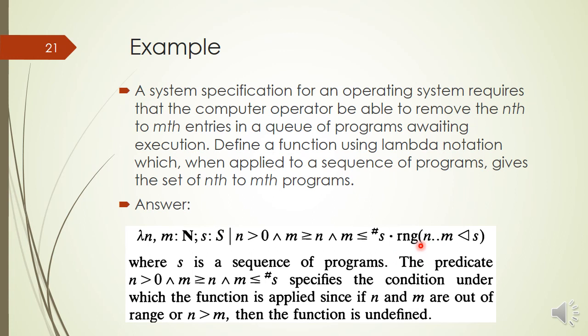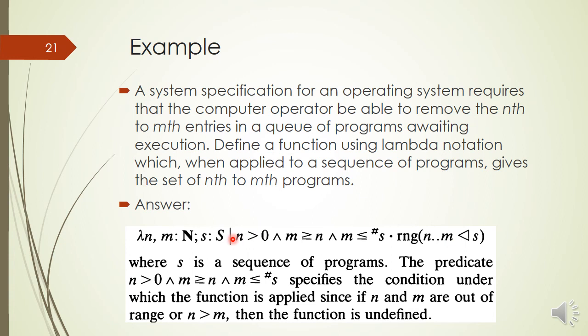By applying the domain restriction operator on the set of ordered pairs in S to the elements from n to m, we will get those ordered pairs whose first element is n to m, and then by applying the range, we will get the programs with indexes n to m.